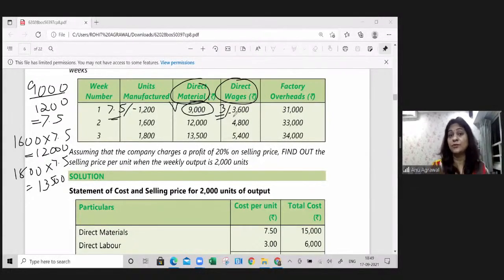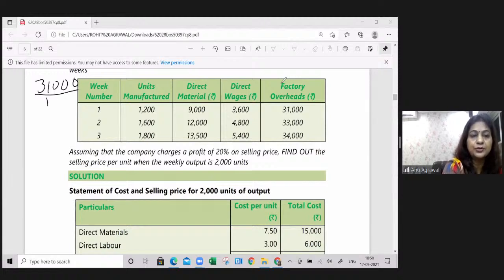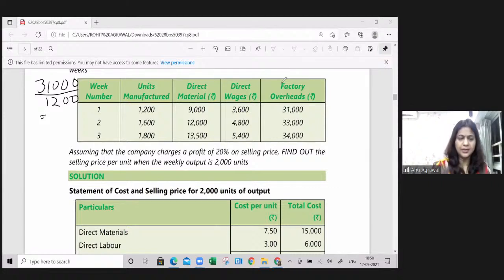Now let us check whether factory overheads is variable. I don't think so. If it was variable, 31,000 is the expenditure if you produce 1,200, so let us see what rate I get. 31,000 divided by 1,200 comes out to be 25.833.